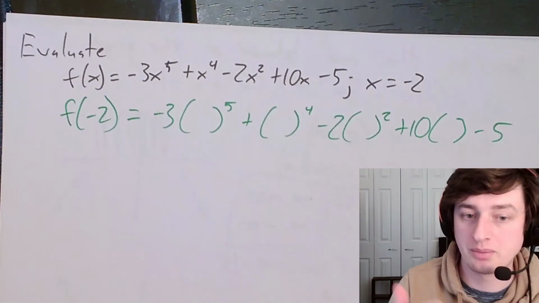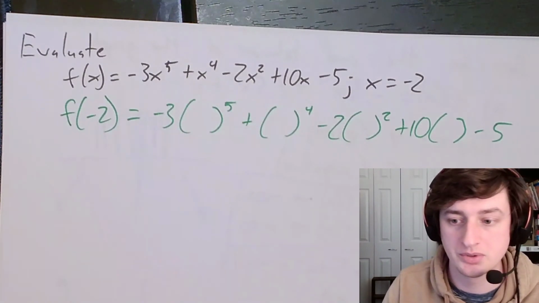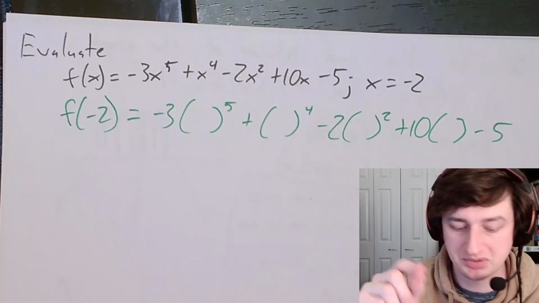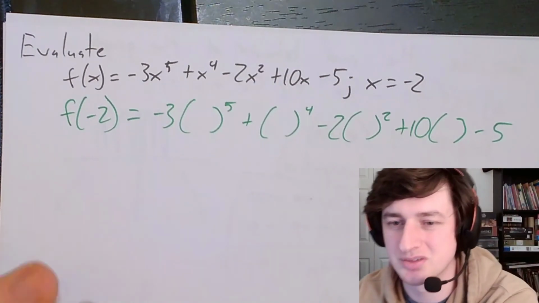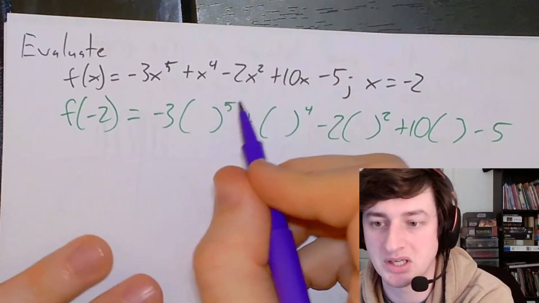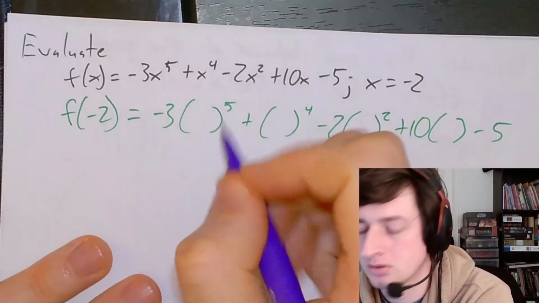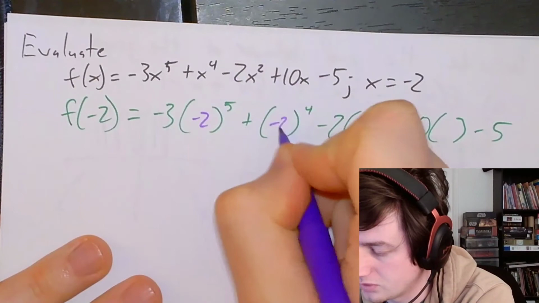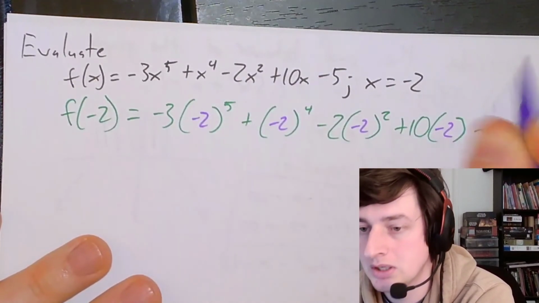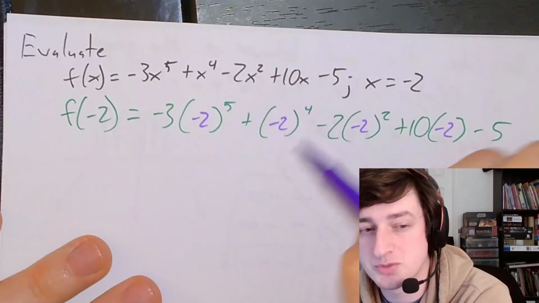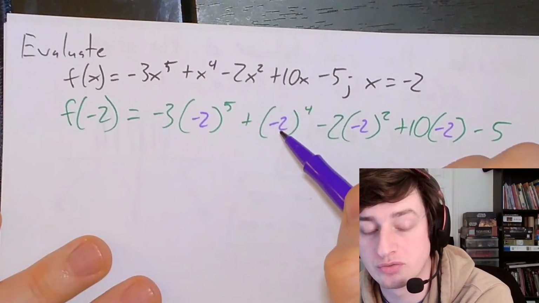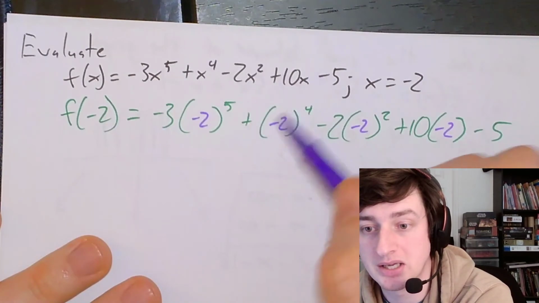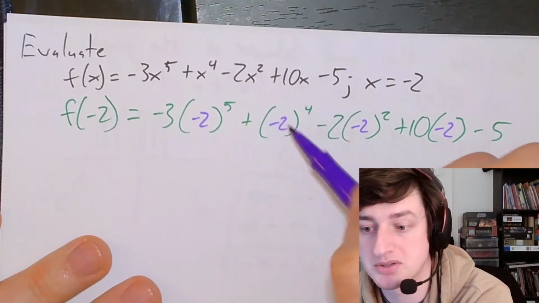So make sure when you're copying the problem down or writing out all the numbers that you're going piece by piece to not drop any negatives and positives or mix up the exponents or something. Put negative 2 in here, negative 2, negative 2, negative 2. Parentheses are really important, especially with the negatives, because this is not minus 2 to the 4th. It's plus negative 2 to the 4th. This is going to become a positive number.